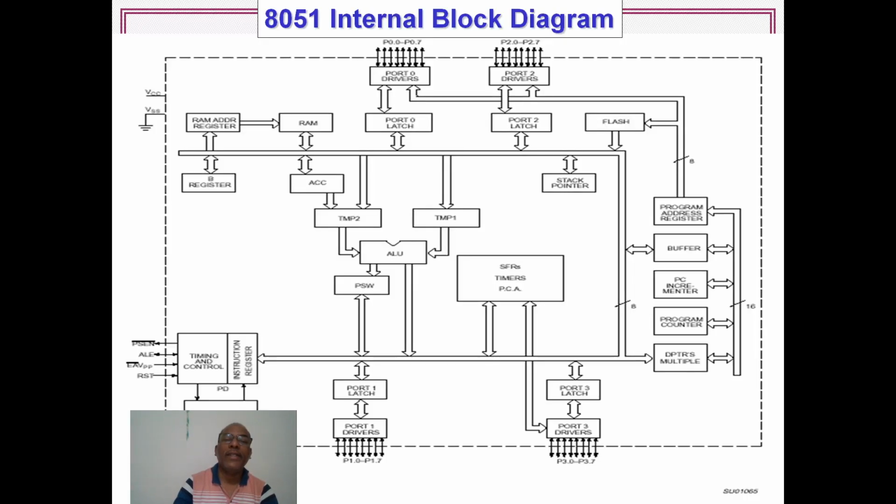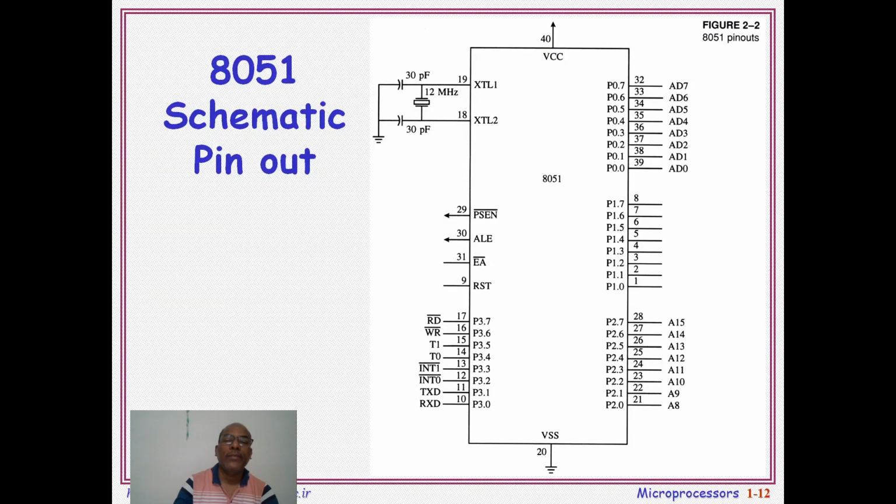We already discussed this block diagram of the 8051. These are the different sections of the 8051 microcontroller. When we see the pin diagram of this 8051, it uses different pins. This is a 40 pin IC.